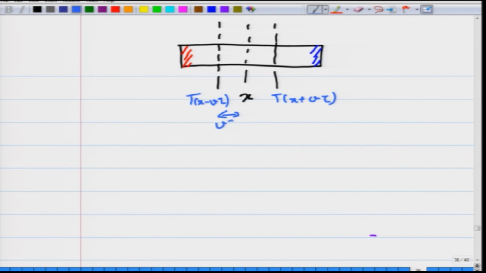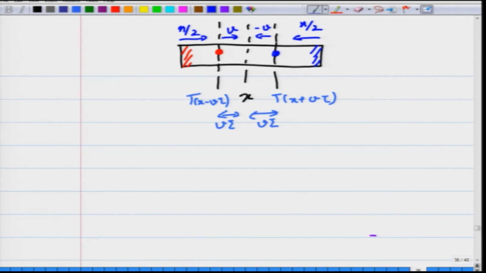These distances are of the order of mean free path. The electron coming from the hot end side is moving with a velocity v, the one from the cold end side is moving with a velocity minus v, and n by 2 is the density of electrons moving in each direction.